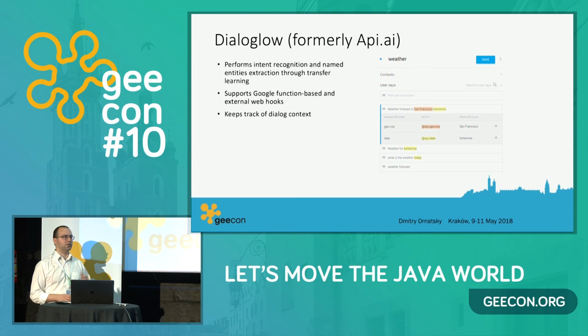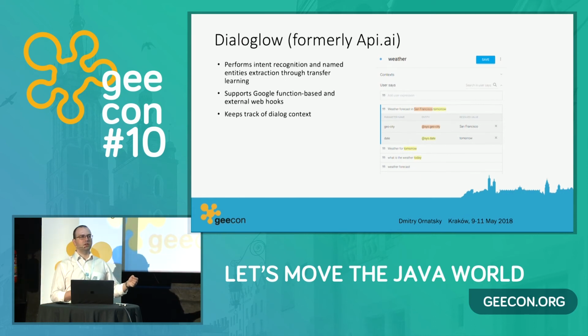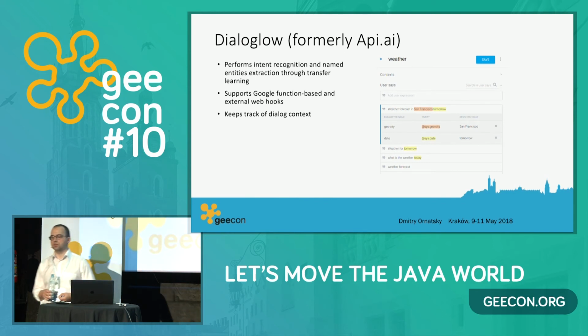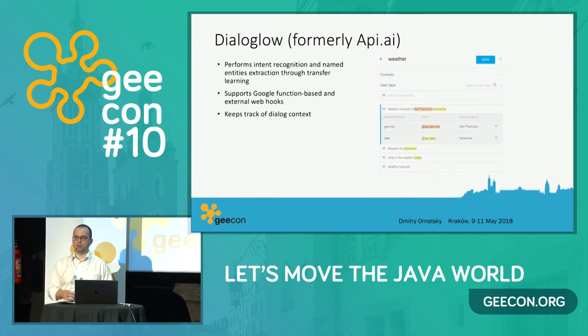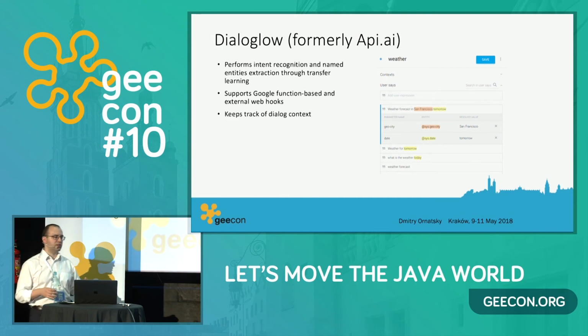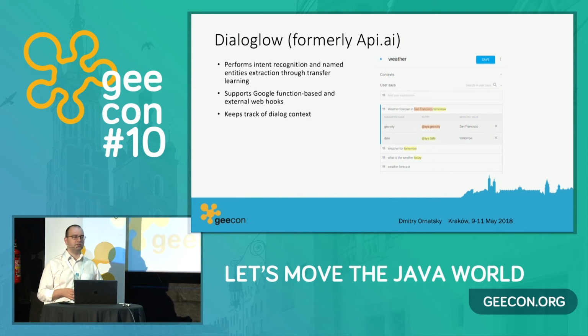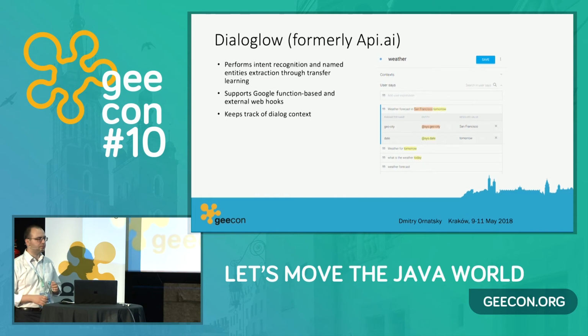For example, their conversational engine, their ability to understand natural language, was pre-trained on a large corpus of text, and the way you specialize it towards your particular use case is by providing sample requests, the way you expect your users to talk to the system, and mapping them to user intents. This technique is called transfer learning, where you take a pre-trained model and build a more specialized model by providing additional training data. That's what Dialogflow does, and that's the API.AI know-how which they were acquired for.